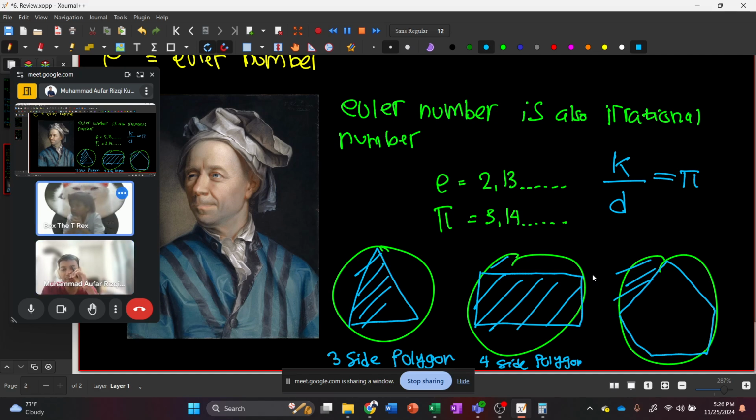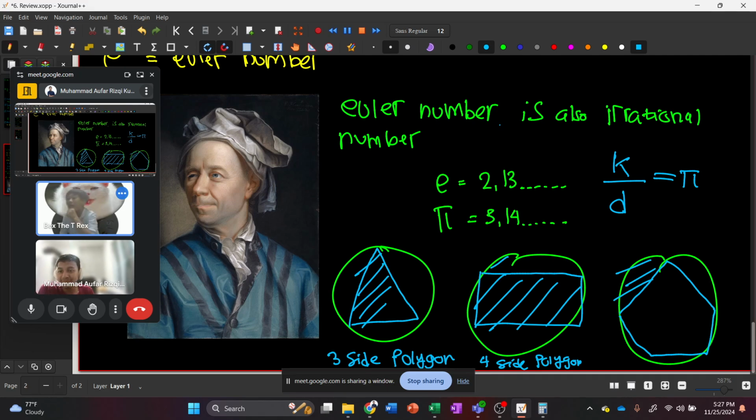So it comes from the question of how to find the ratio between the circumference, which is k, and the diameter d, and they found that the ratio is always pi. Of course, they didn't directly find that the ratio is equal to pi, but after some research and process of thought, they found that the ratio is equal to pi.